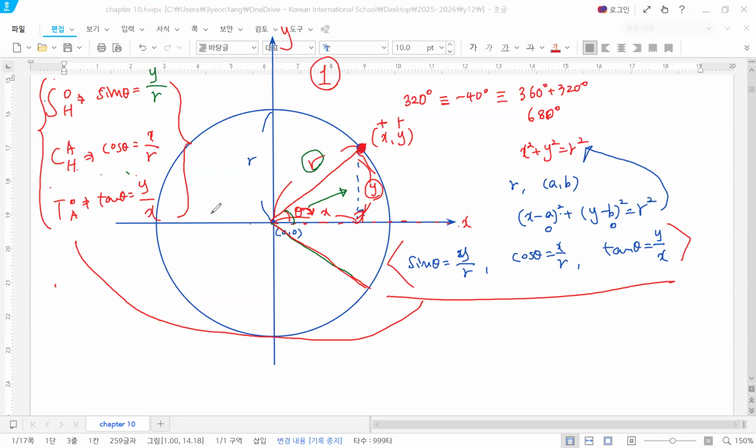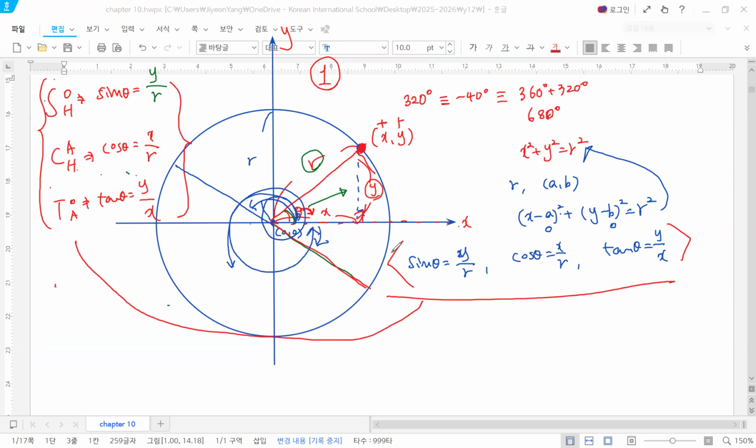And also, you can expand the size of theta as much as you want. You can make theta an obtuse angle, more than 90 degrees. Also, you can extend theta to more than 180 and also to negative numbers. And you can extend theta to more than 360 degrees, right?